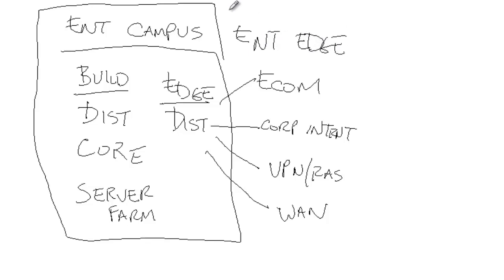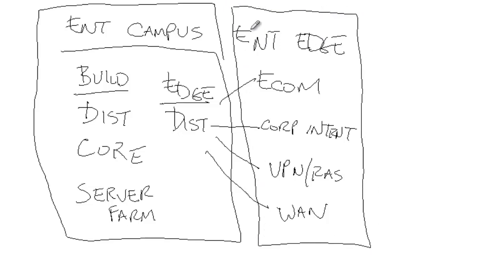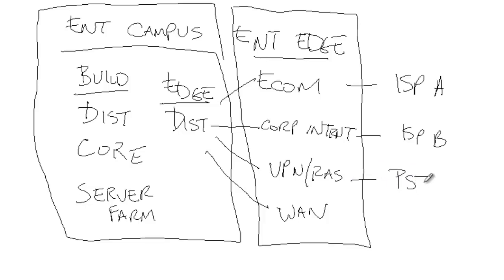And then finally, especially when we're using internet services, there is a third module that you need to understand that we're going to connect into. And obviously, once you make a connection into internet service providers, for example, your corporate internet is going into a separate internet service provider than maybe your e-commerce sites, VPN and RAS go out to the PSTN, but also connect into internet connections that you may be using.